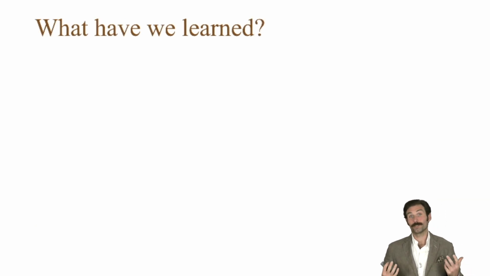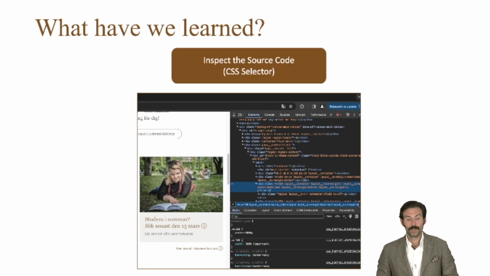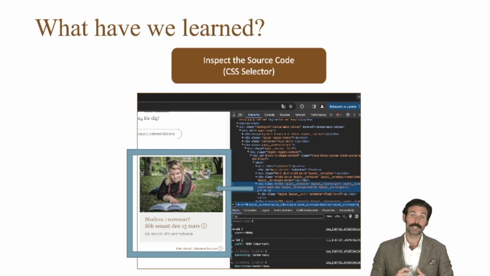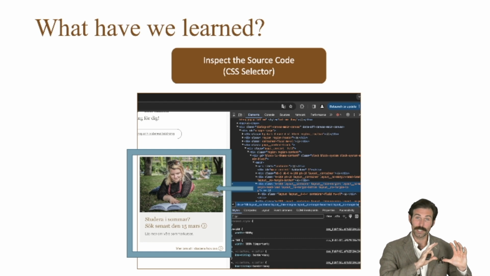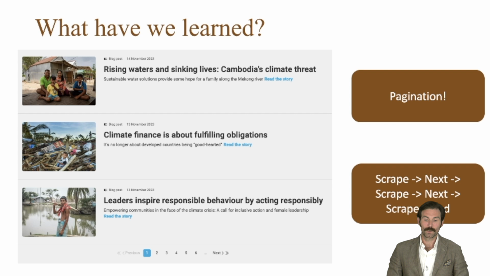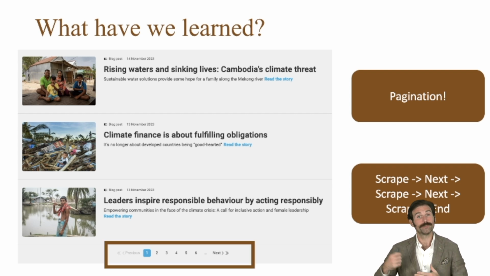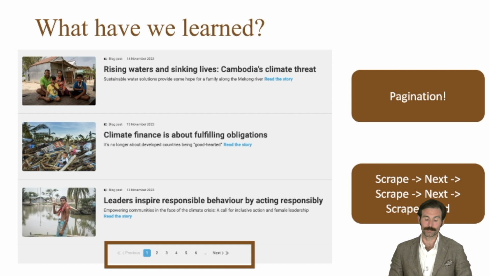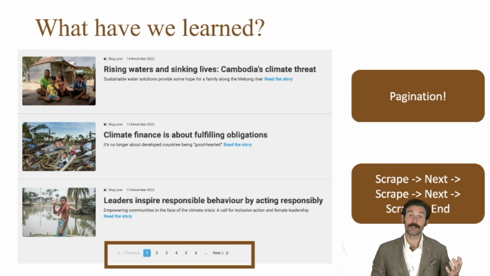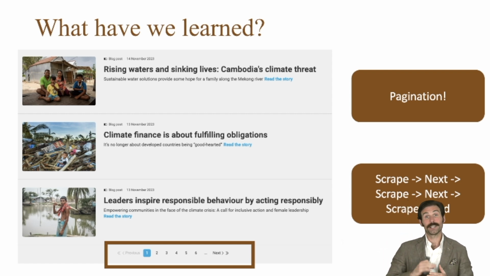So what have we actually learned how to do? We learned about CSS selectors and how we can navigate through them to find how parts of the front-end website are coded on the back end. We've also learned about pagination, how we can move through different pages of results and collect those automatically if they are in a nice structured list like we have here.